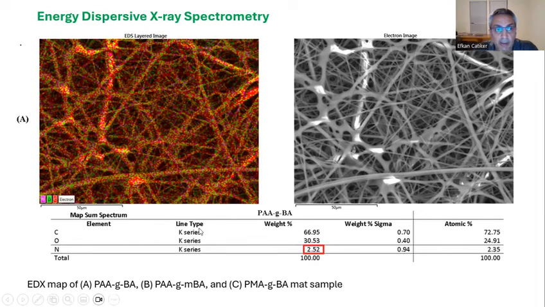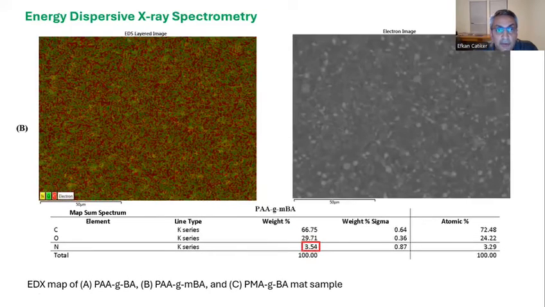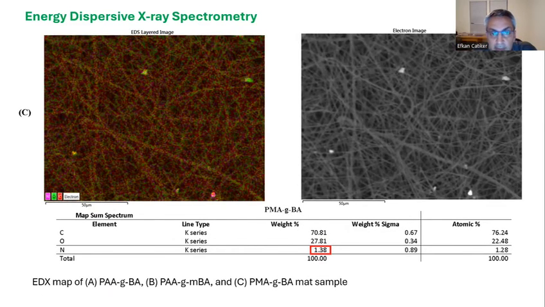And the quantitative analysis of nitrogen by this method gives results very close to the results obtained from elemental analysis. This is also valid for the other copolymers, polyacrylic acid graft methyl beta-alanine and polymethacrylic acid graft beta-alanine.